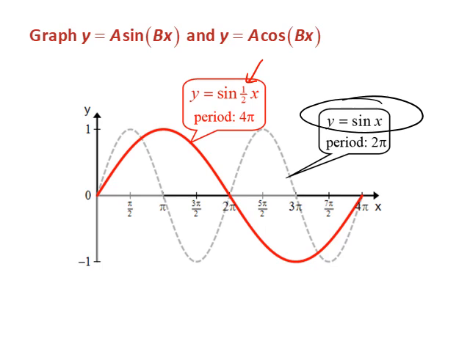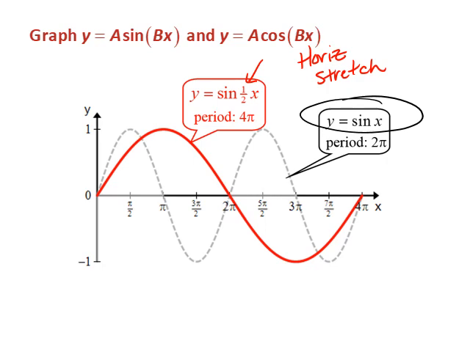So in the normal parent function, there are 2 cycles in between 0 and 4 pi, but now in the red graph, we have just 1 cycle in between 0 and 4 pi. So here, this is a horizontal stretch. In the previous graph, that was a horizontal shrink.